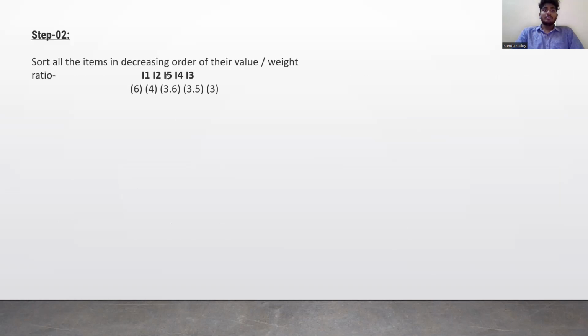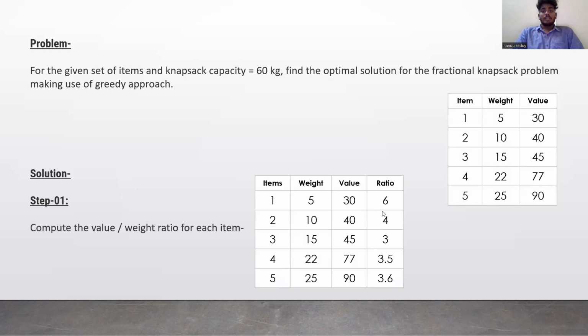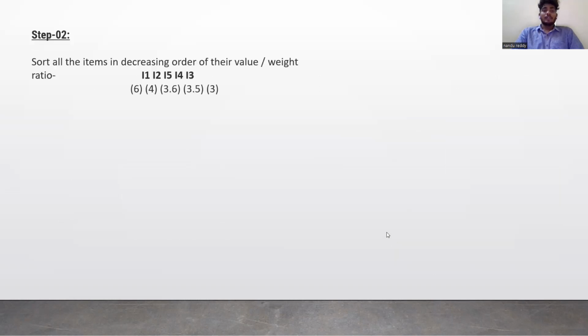Then sort all the items in decreasing order of their value by weight. According to this, the sorting order is 6, 4, 3.6, 3.5, 3. Item 1, item 2, item 5, item 4, item 3 are in decreasing order of their value by weight ratio.